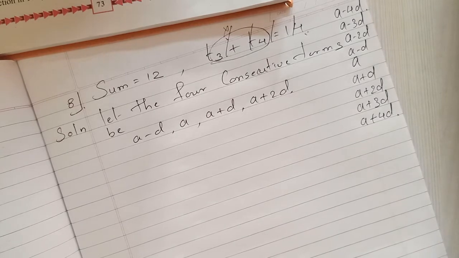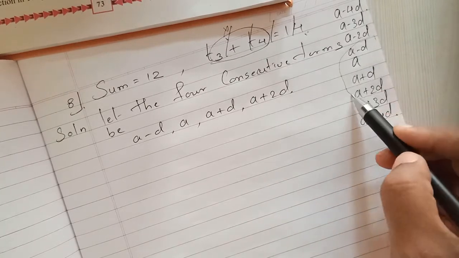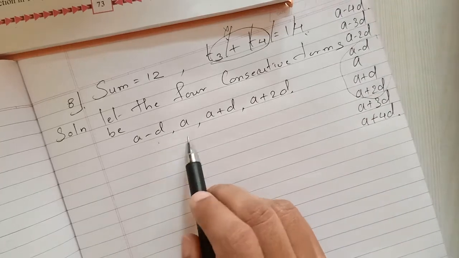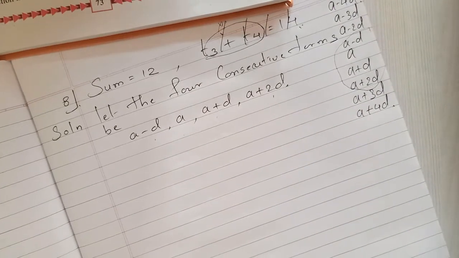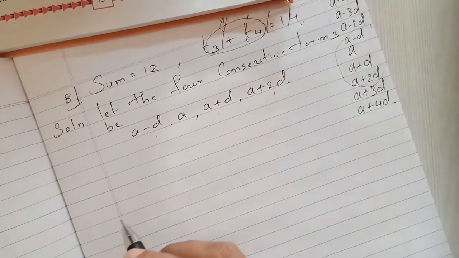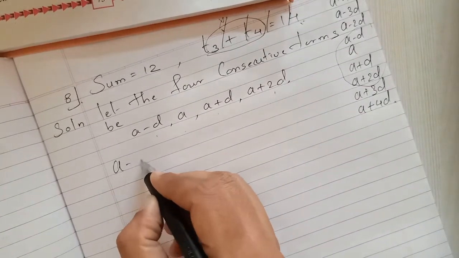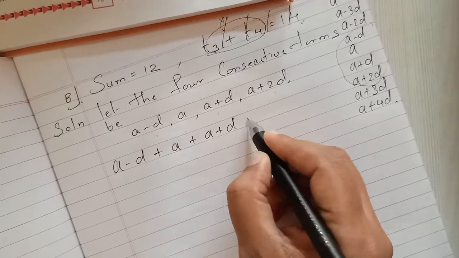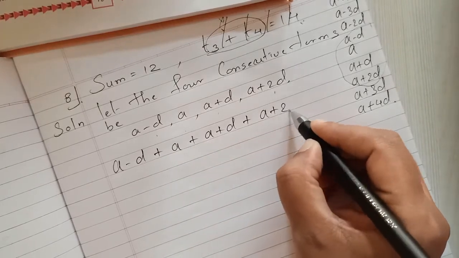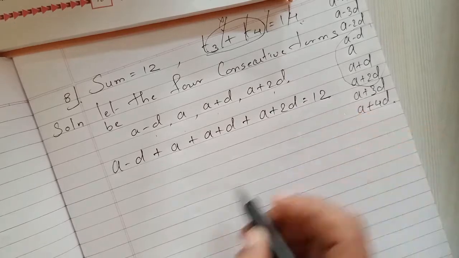So we are taking any 4 terms: A minus D, A, A plus D, A plus 2D. The first condition says that the sum of all these 4 is 12. So let's add them. The answer is 12.